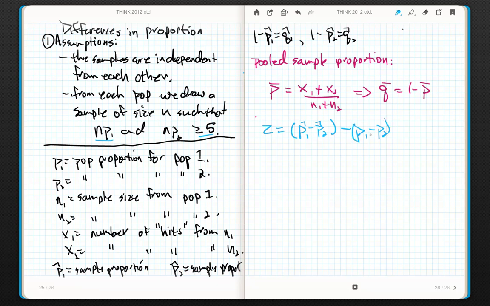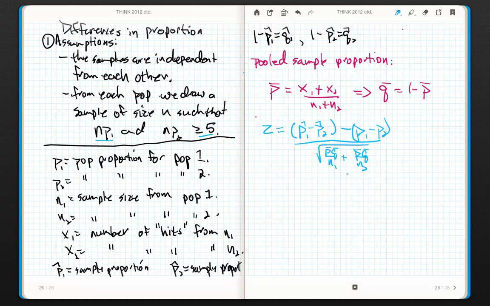Now remember, samples, parameters, and I'll make you use these here in just a sec, so no panicking, okay? And this is divided by the square root of P bar Q bar over N1 plus P bar Q bar over N2, okay? That's all that it is.